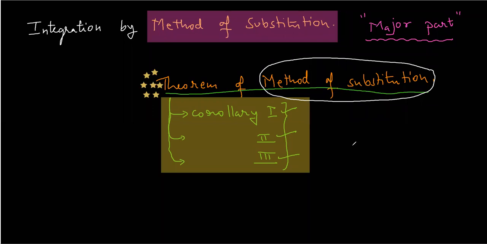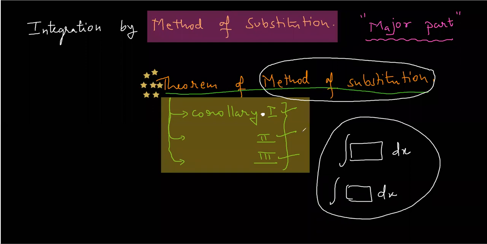So when I notice that a particular integration problem can be solved using corollary 1, I will solve it using this only. I will not go for the bigger theory. Nevertheless, all the problems that you solve using corollaries can always be solved using the main theorem, but we will prefer to solve them by corollaries.